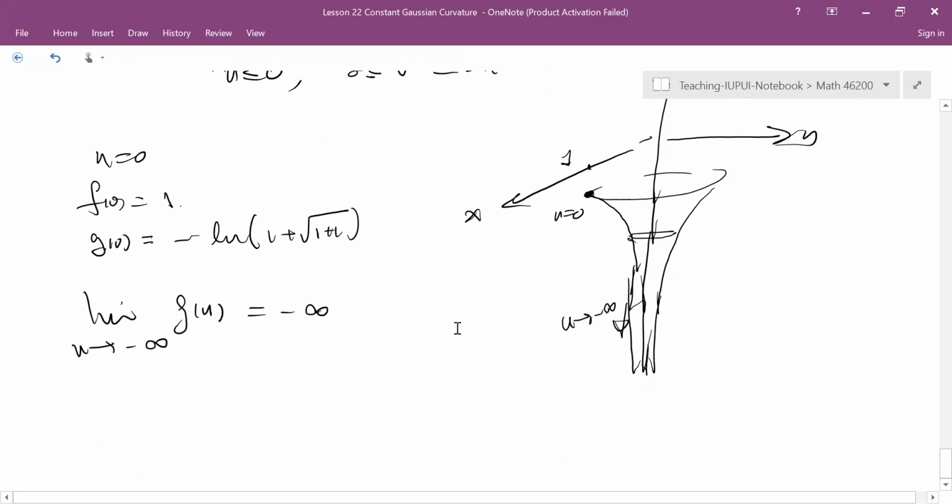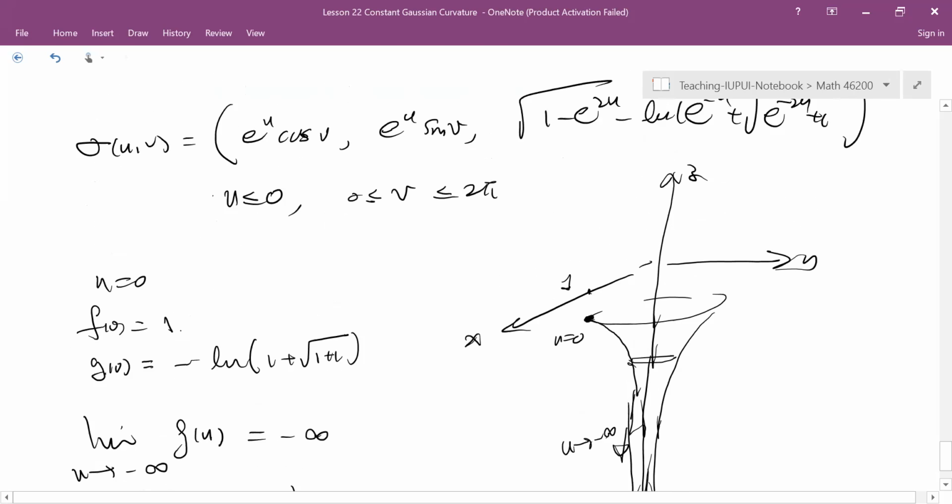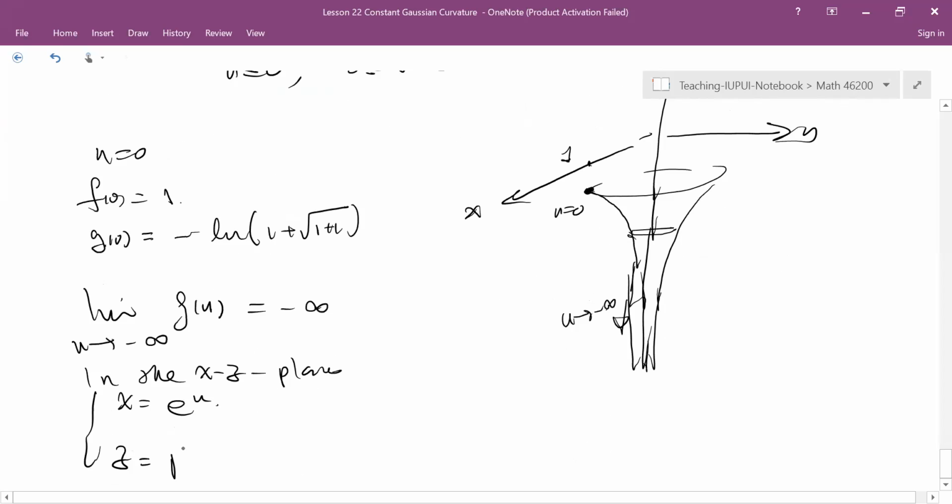Now we can, in the xz plane, we know x is going to be f of u, e to the u, and z is going to be, we already calculated this, z is going to be square root of 1 minus e to the 2u minus natural log of e to the negative u plus e to the negative 2u plus 1.